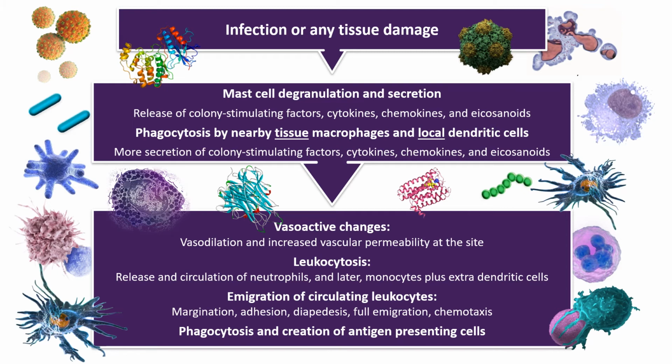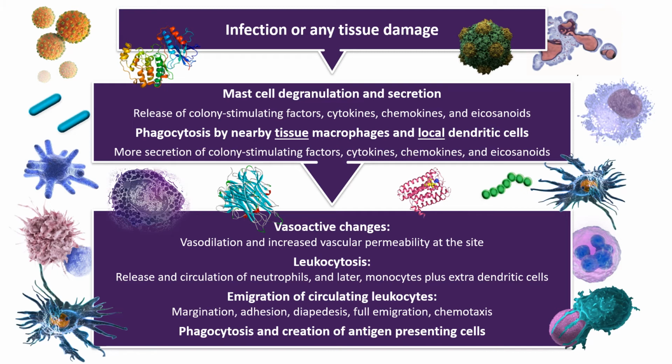Concurrently with that, we have leukocytosis. So our colony stimulating factors that have been released will release neutrophils in the early stages. Neutrophils are often known as the first responders, although technically I would argue the tissue macrophages are, but never mind.